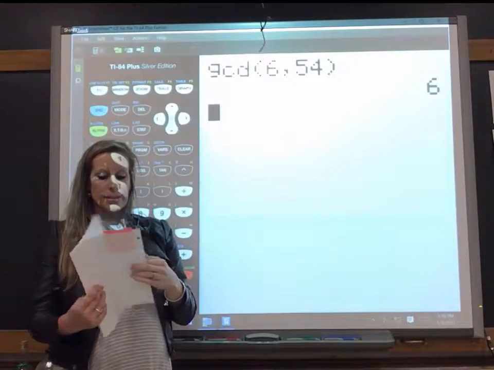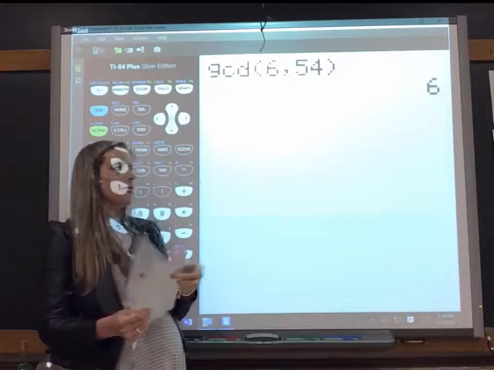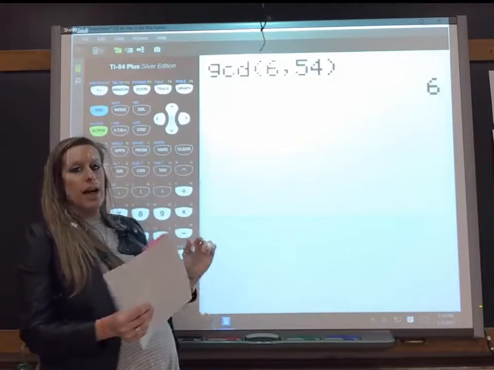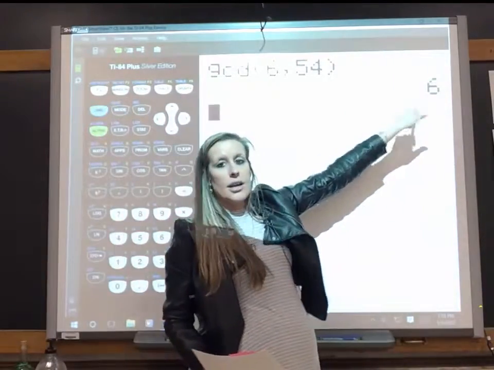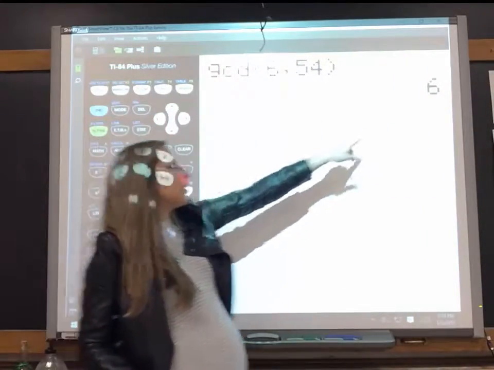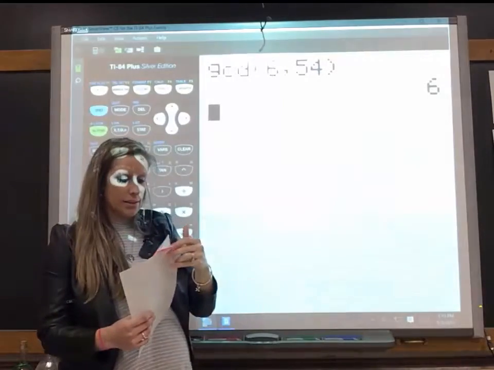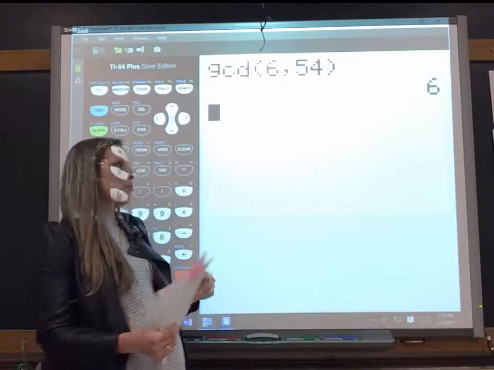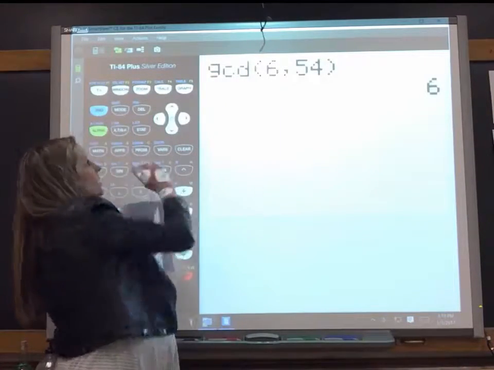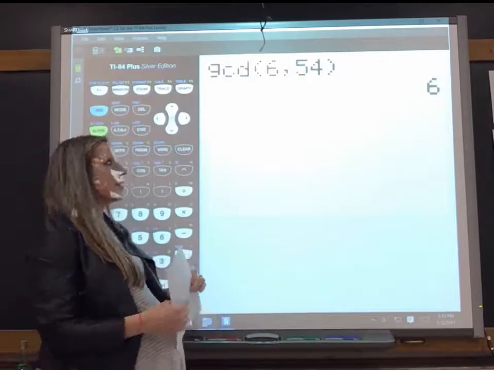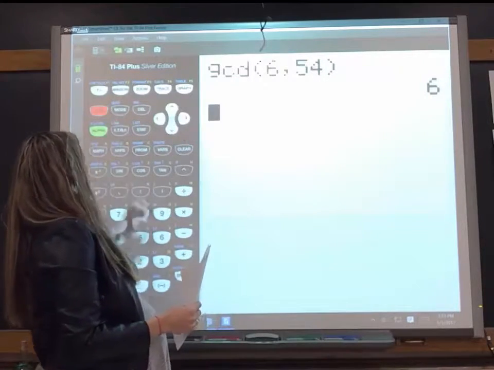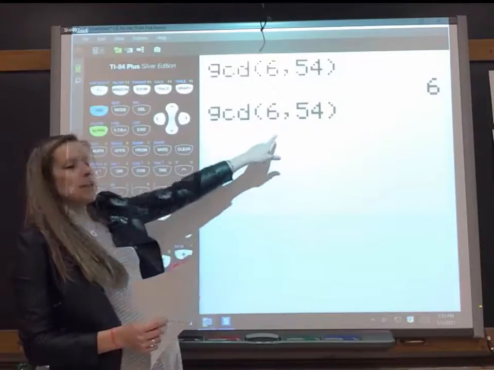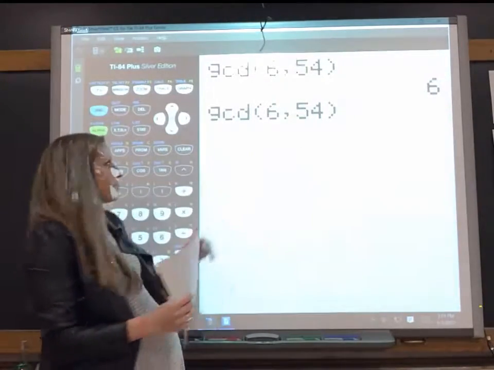Now, I still have the 12 to account for. So what I'm going to do now is take my answer and do the same thing I just did, but with 6 and 12, my third number. So instead of going through all of that again, what I can do is press second, enter, and it's going to bring up my last equation.